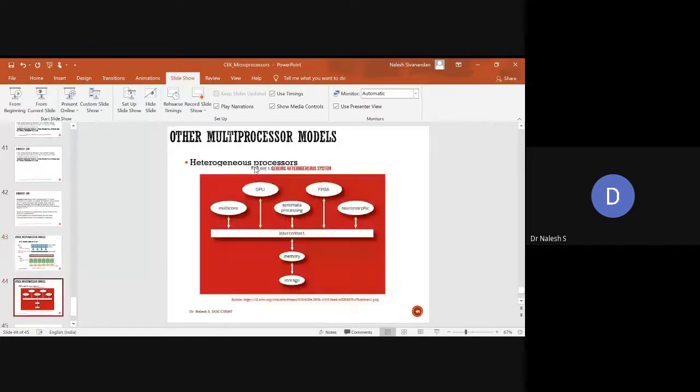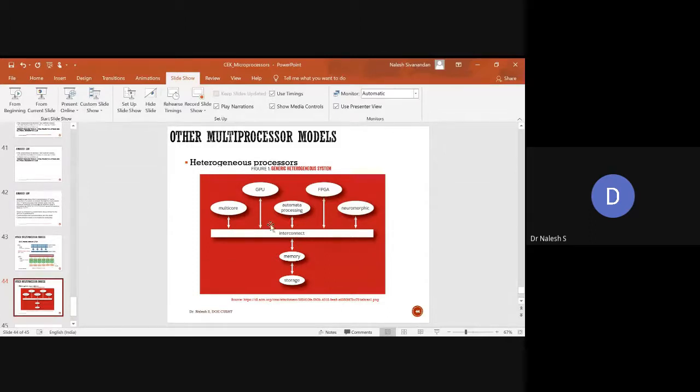One of the most recent models is heterogeneous cores, where instead of having multiple cores, all of them identical, you have multi-core processors, GPUs, FPGAs, different types of processors, all connected together and interacting with each other.